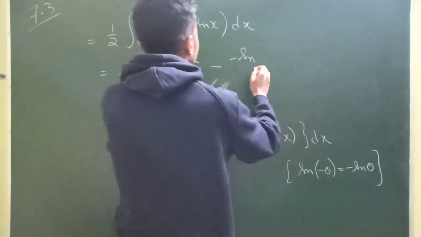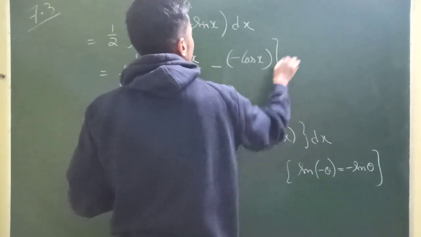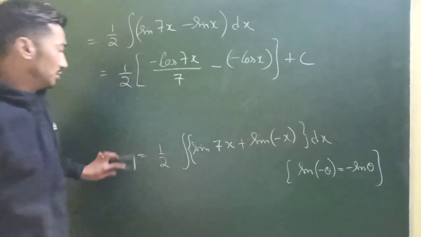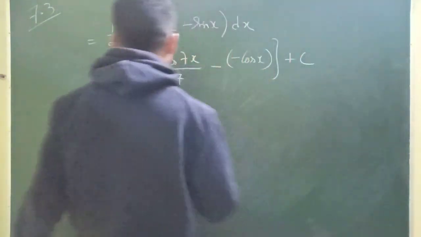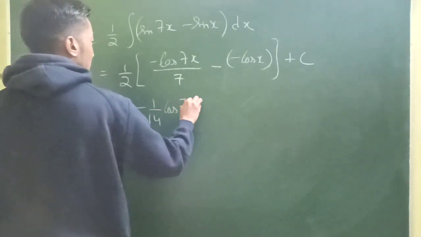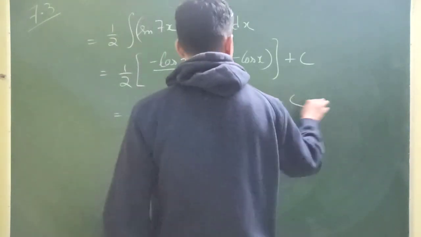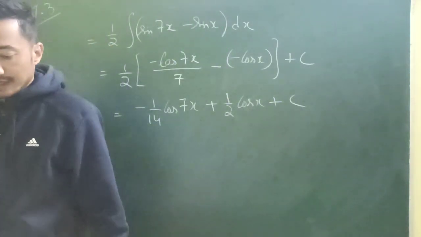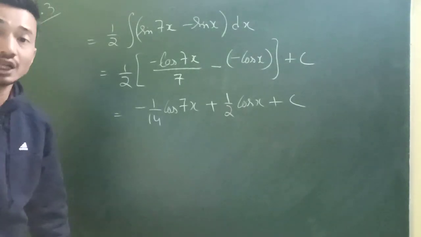Minus integration of sine x, which will be minus cos x. So just to conclude, minus 1 by 14 cos 7x plus 1 by 2 cos x plus c.